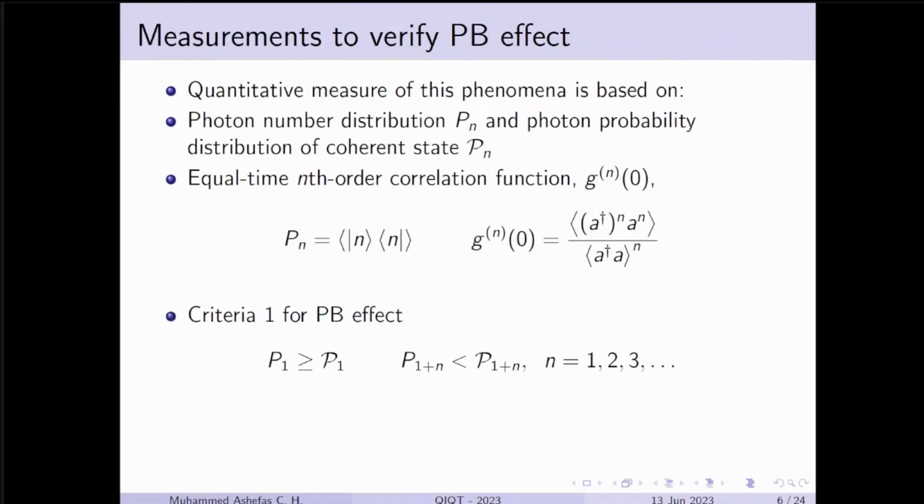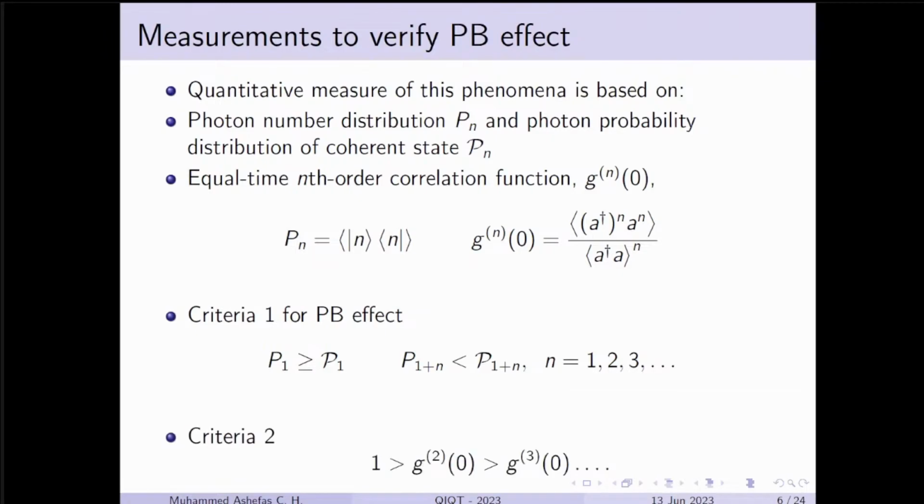The first criterion is based on the probability. The probability of a single photon in the system must be greater than the Poissonian probability corresponding to a single photon, and the probability for a higher number of photons must be less than the corresponding Poissonian probability of the coherent state. So that's the first criterion.